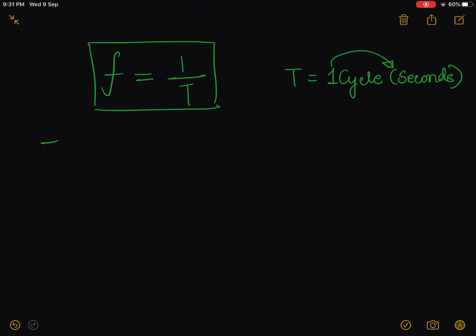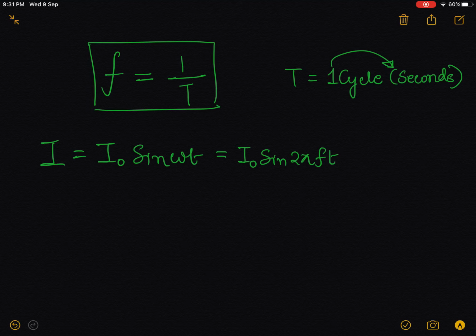So to summarize, I is equal to I naught sine omega t, which is equal to I naught sine 2 pi f t, which is again equal to I naught sine of 2 pi upon T multiplied by small t.